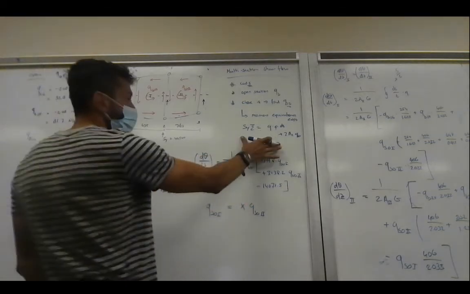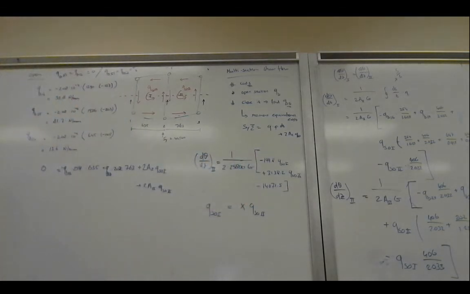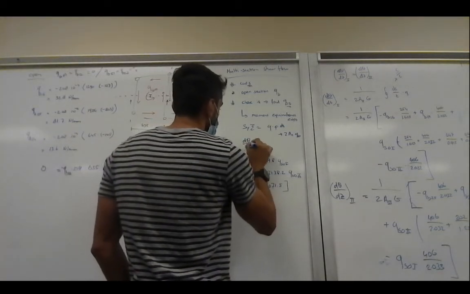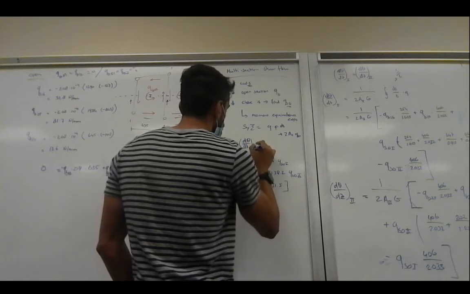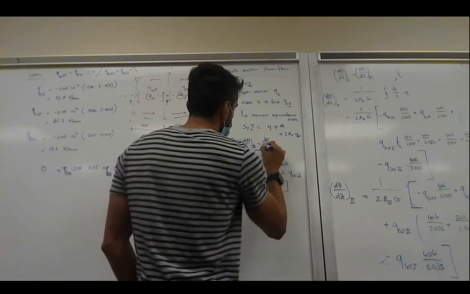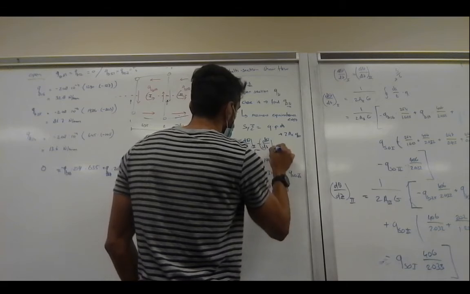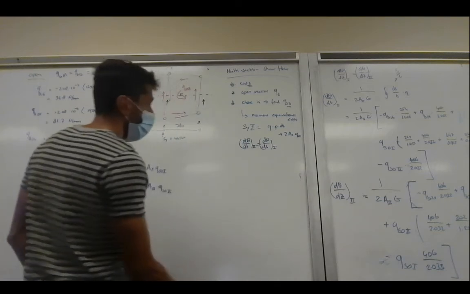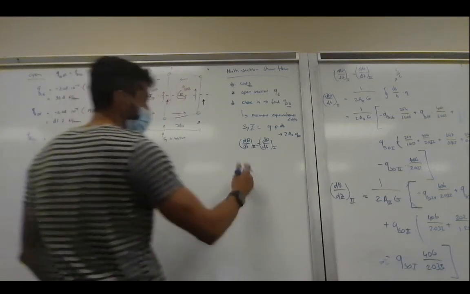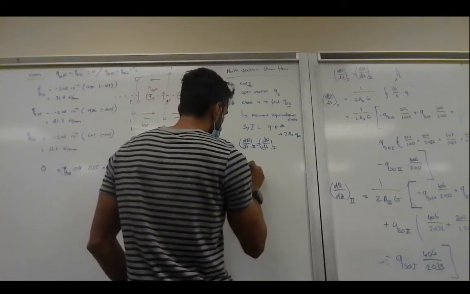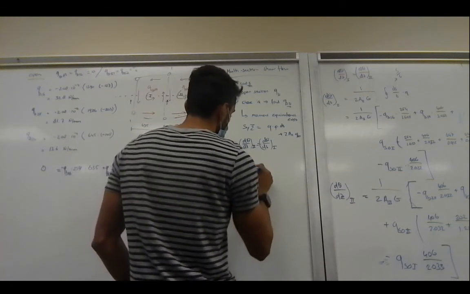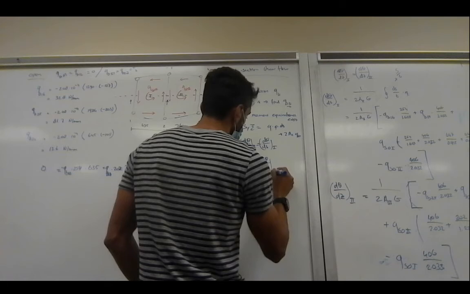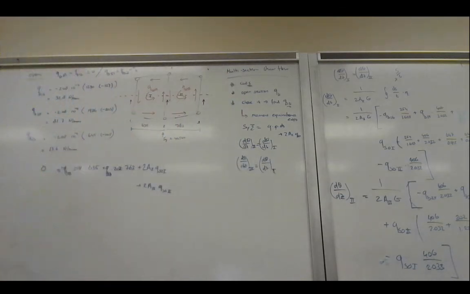Because this produces more unknowns than equations, we need the rate of twist: d theta dz of 2 is equal to d theta dz of 1. And if you have 3 sections, then d theta dz of 3 is equal to d theta dz of 2, and if you have 4, then 4 is equal to 3, and so on.